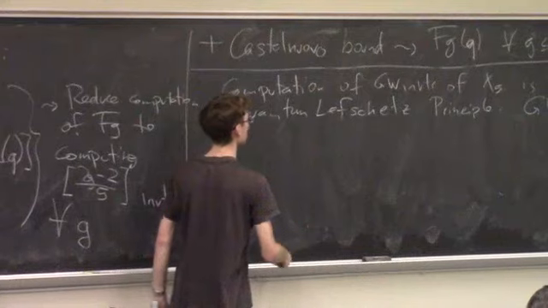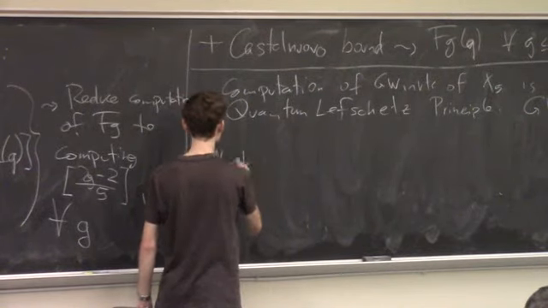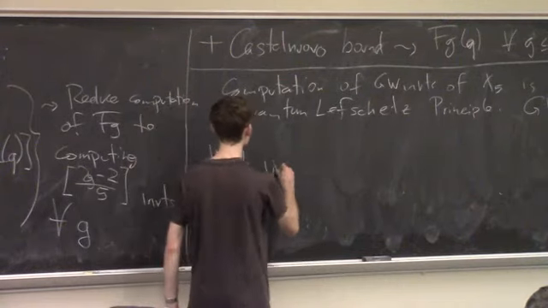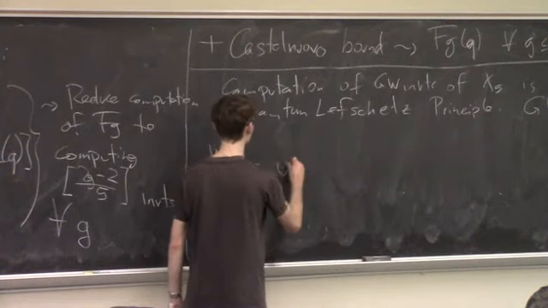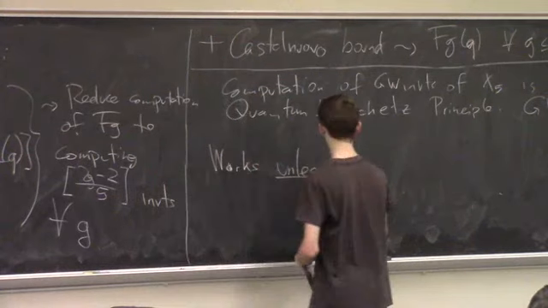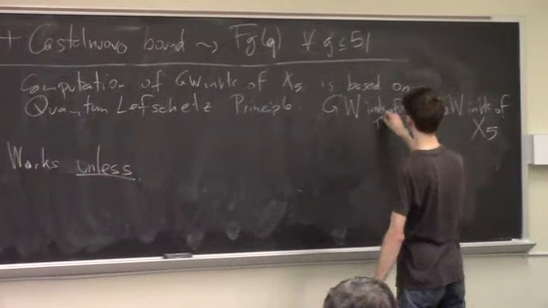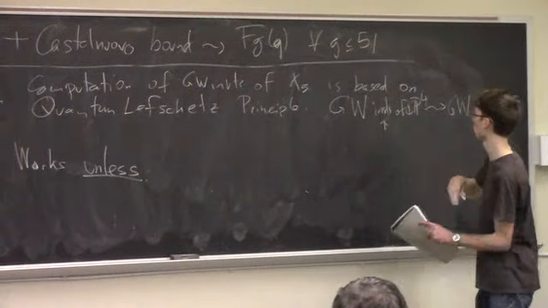But before I move on, I will say something here, namely, it doesn't work. It usually does not work. It only works unless, and I will tell you in a minute. But I should say that P4 is a much nicer space.